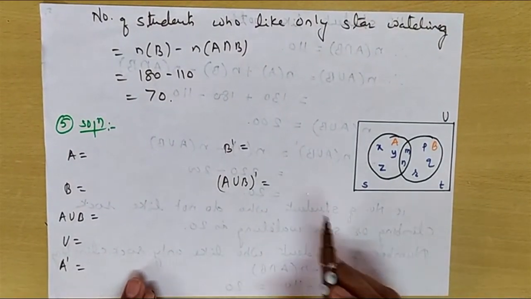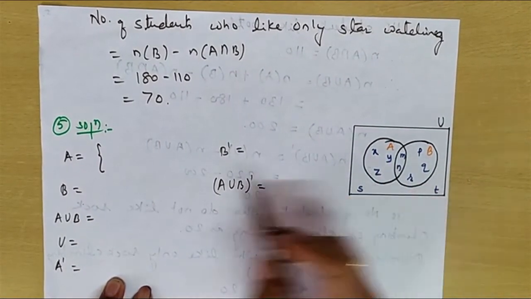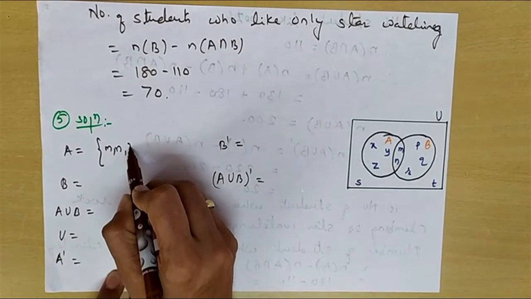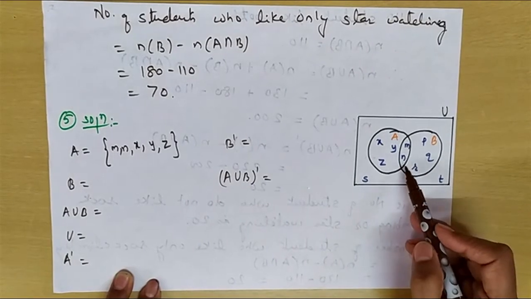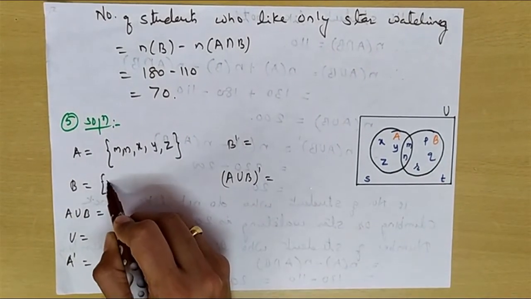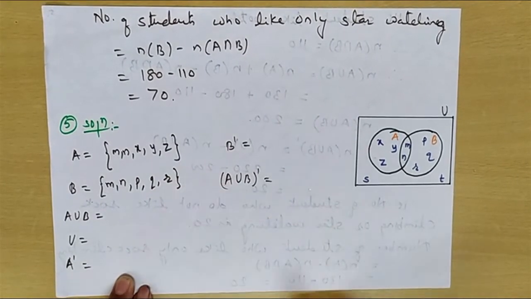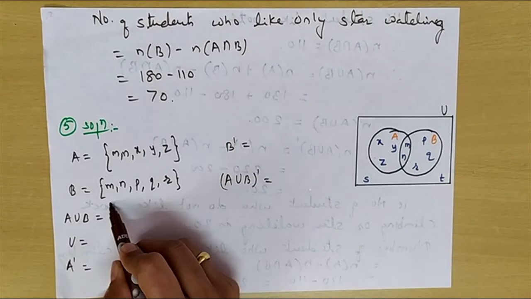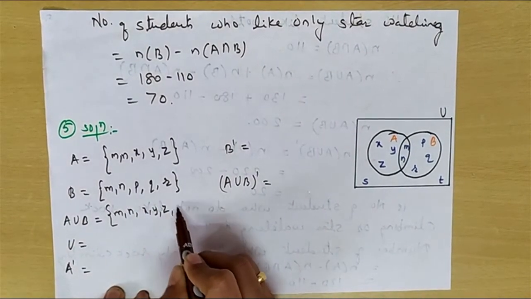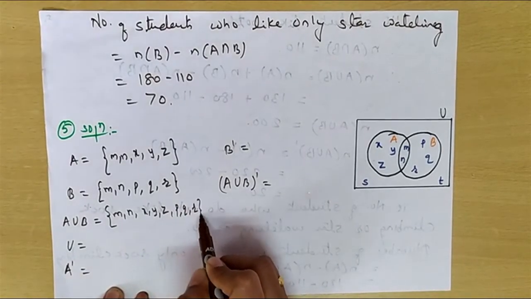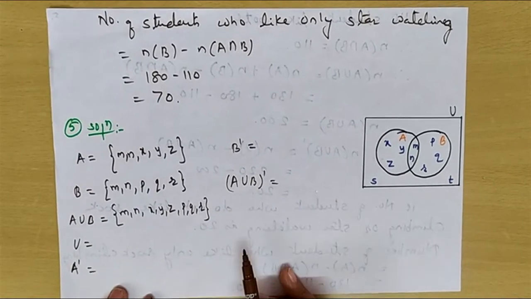A set will be M, N, X, Y, Z. B set will be M, N, P, Q, R. A union B will be M, N, X, Y, Z, P, Q, R. Or you can write it in alphabetical order: M, N, P, Q, R, and then last X, Y, Z.